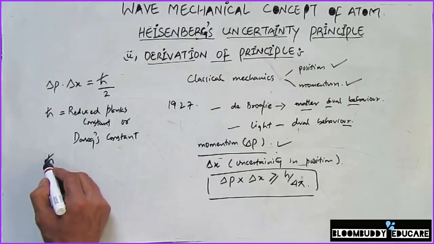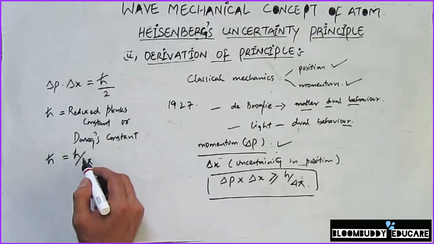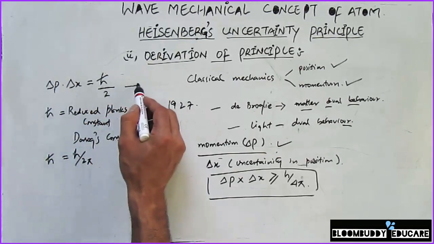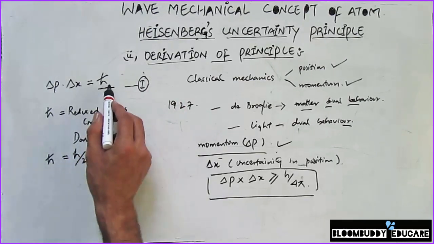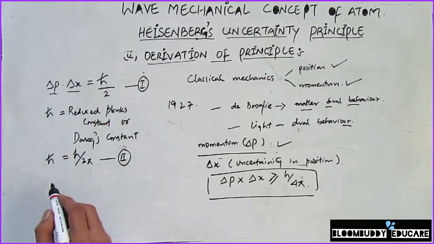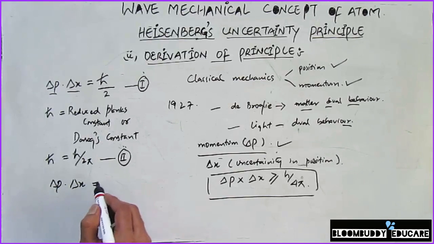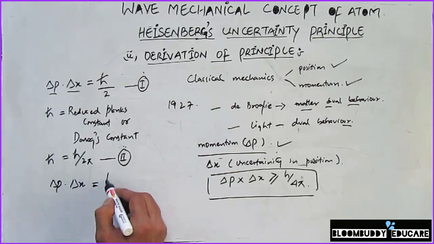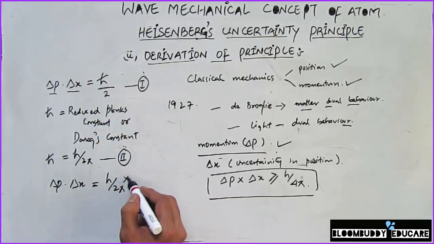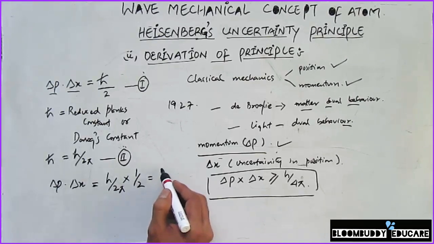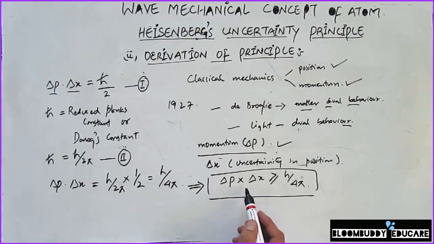Since h cross is equal to h by 2 pi, if this is equation 1 and this is equation 2, and I replace h cross with h by 2 pi in the Heisenberg's uncertainty principle, I replace h cross with h by 2 pi into 1 by 2, or in other words it's going to be h by 4 pi. And then when you solve this equation, you will arrive at this conclusion.